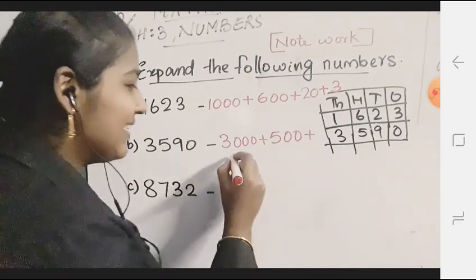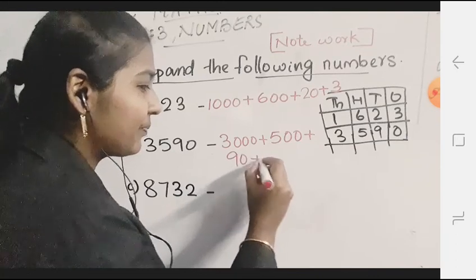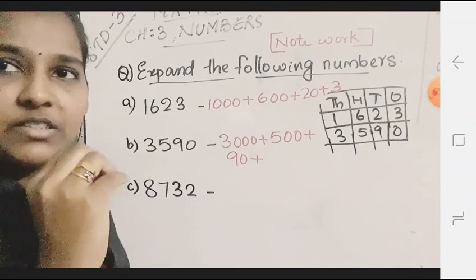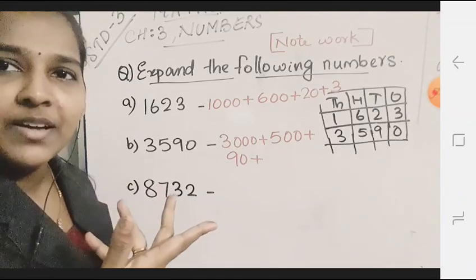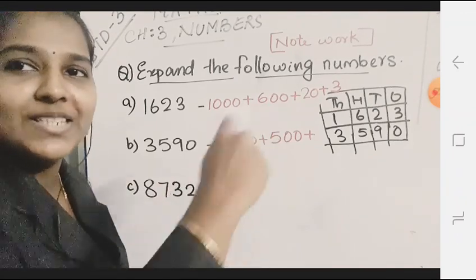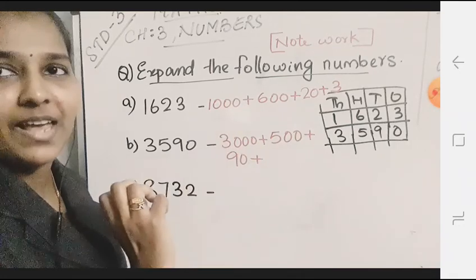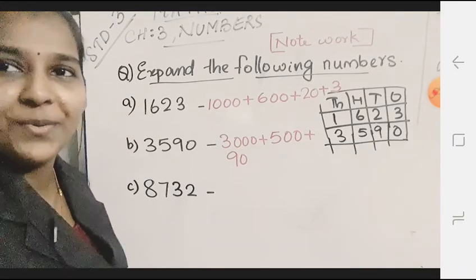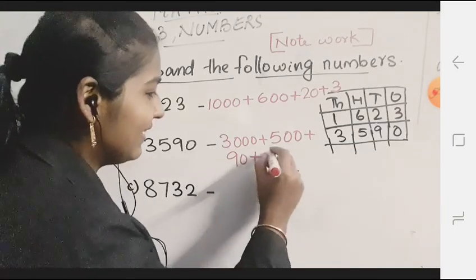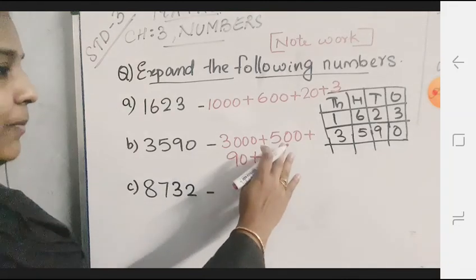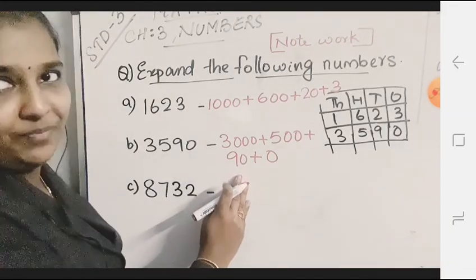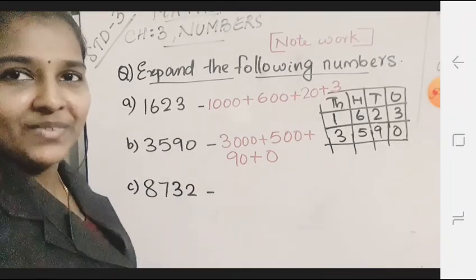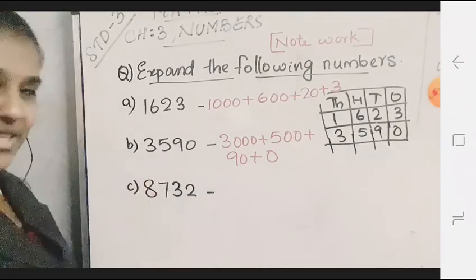So you can write 90 plus. Then 0 in ones place. It is 0, so how to write? If you want you can put a 0 there to show that nothing is there, or if you are leaving this place, this is also right. So I'm just writing 3000 plus 500 plus 90. This is the expanded form of this number. Got it, children? Now move to the next one.